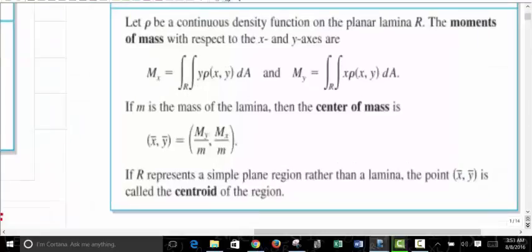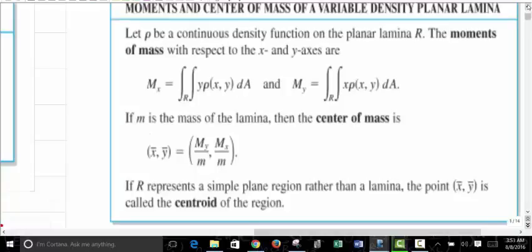Anytime something's variable, it requires integration, like in your earlier calculus studies, work done by compressing or stretching a spring, or any work done by a variable force, where the force is not constant across the distance. Obviously, if it's constant force times distance, that would just be your work. Well, anyway, back to this now.